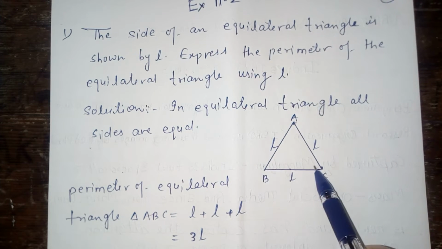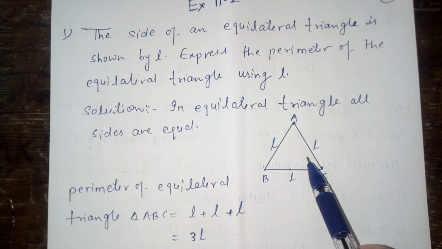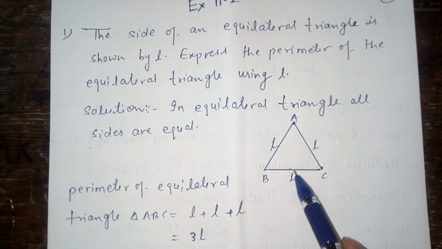In this figure, this is triangle ABC, the equilateral triangle, and all sides are equal.